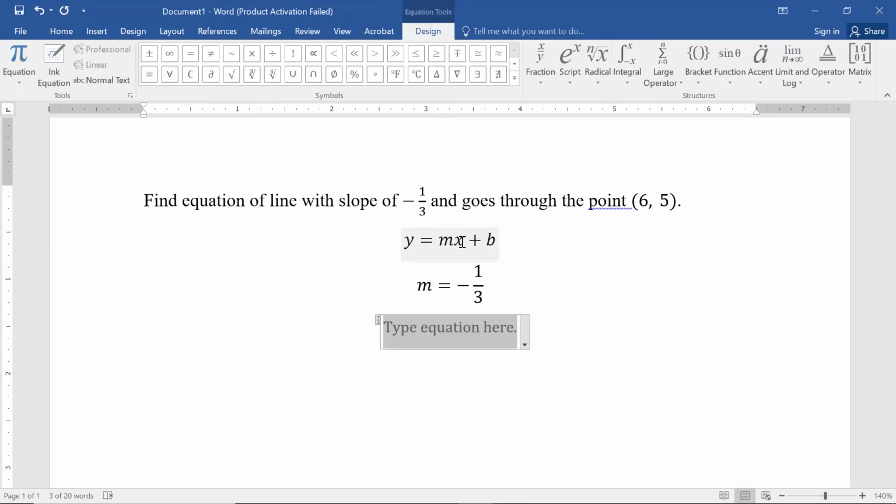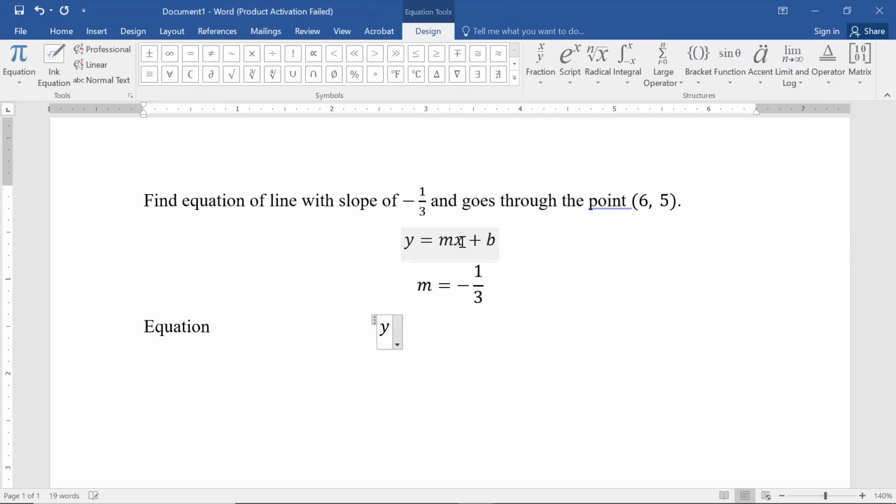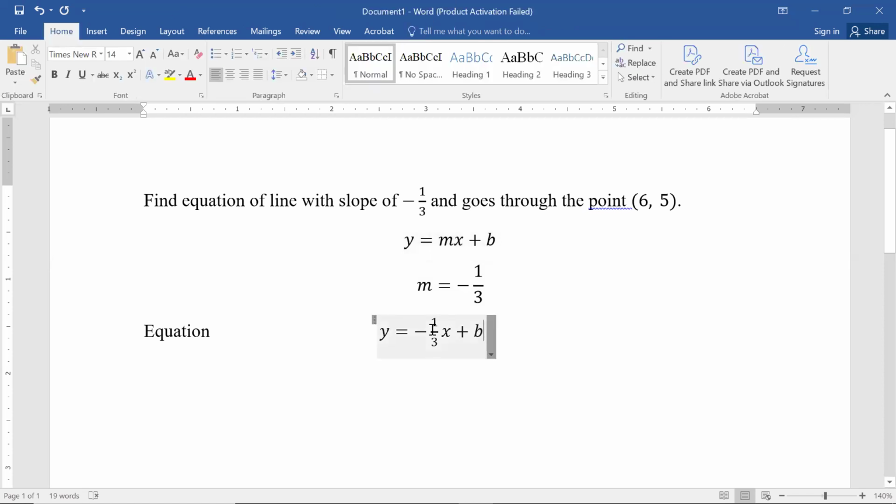But that also means my equation is going to look like y equals negative 1/3 times x plus some b that I don't know yet. If I can simply find the b now, I will be good and I'll know what the equation is.